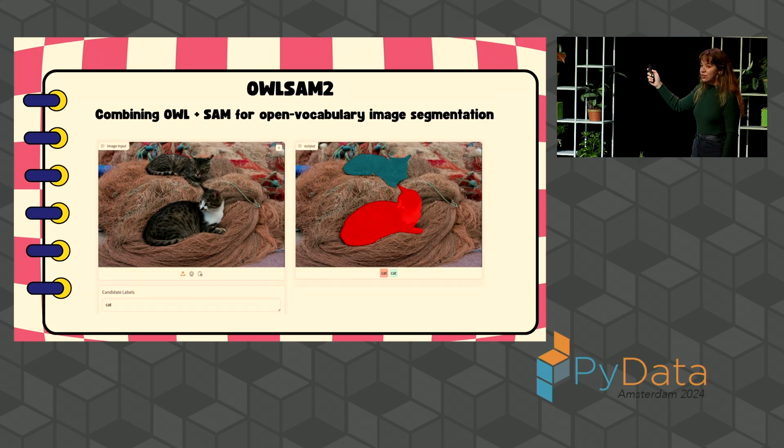So I combined two models to make the Segment Anything model text promptable, because Segment Anything model doesn't accept the text input. So I enter the text caption and the image itself to the first model, get the bounding box, and then prompt that bounding box to the Segment Anything model to get the mask.